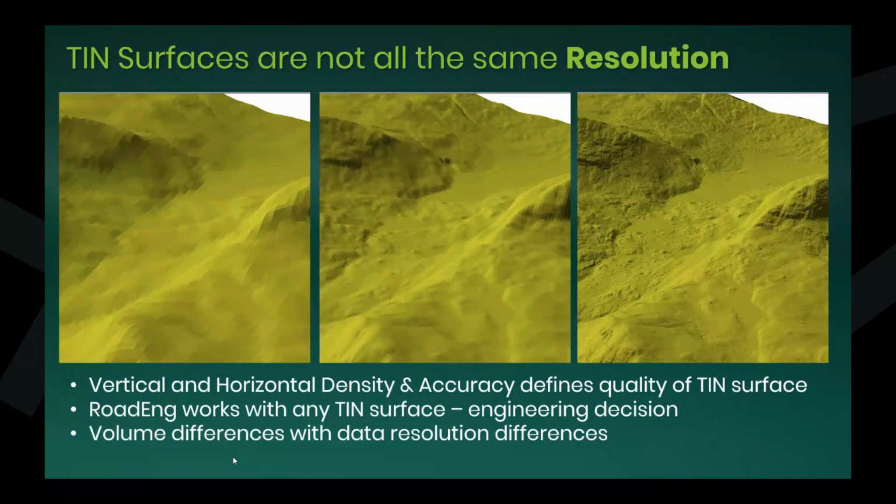So a 30-meter DEM that was downsampled from LiDAR data is going to be better than a 30-meter DEM from SRTM or other really coarse original data sets. Yeah, that's it for me.